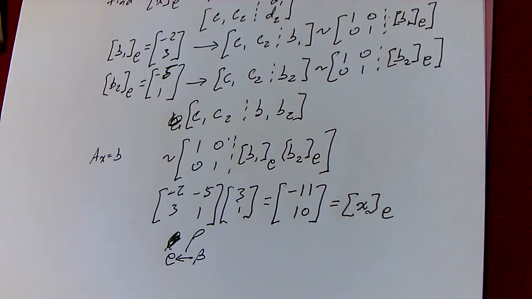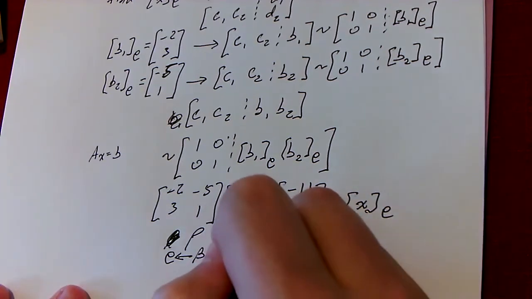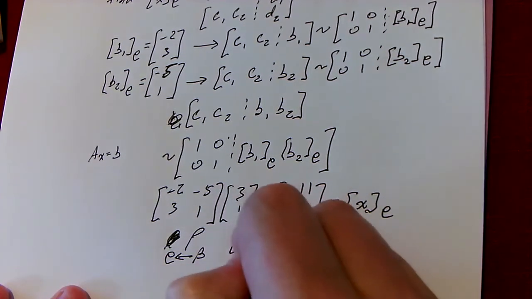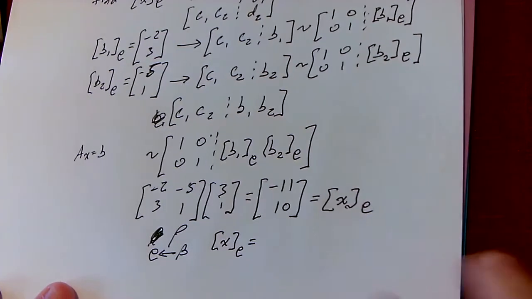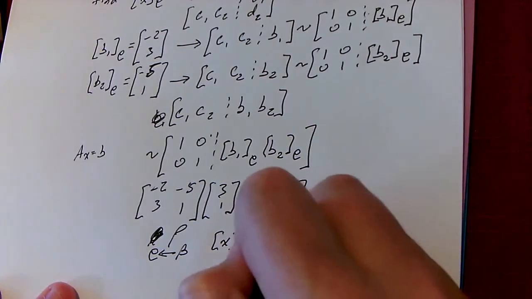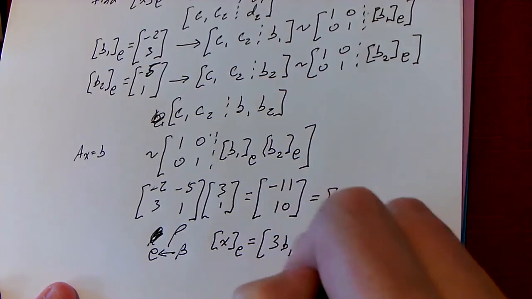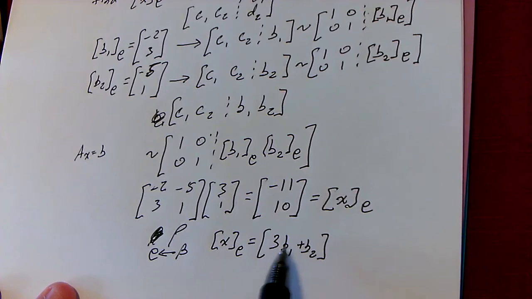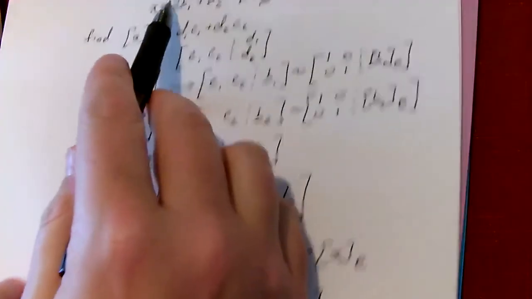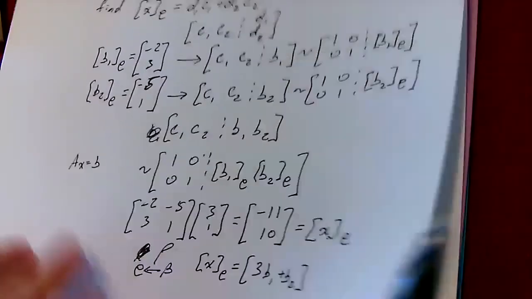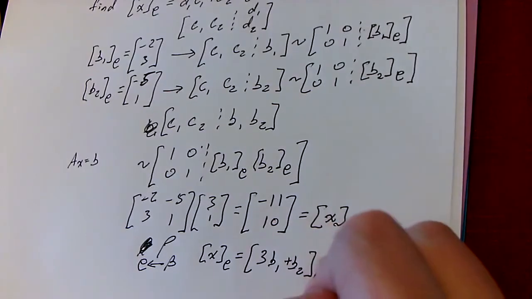Okay, but if you know the coordinate vectors, I know, for example, that XC is equal to X, which is 3B1 plus B2. Okay, this was my original given definition for X. It was up here, X equals 3, 1 in B. But I need it with respect to C now.